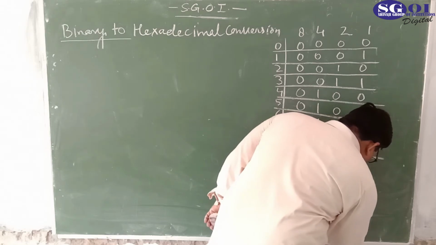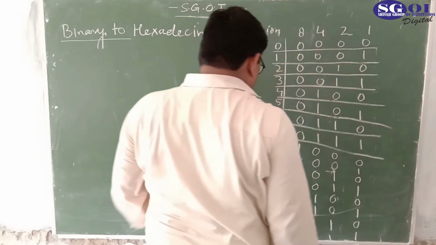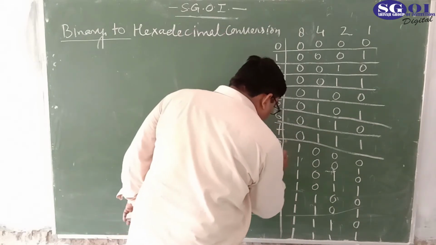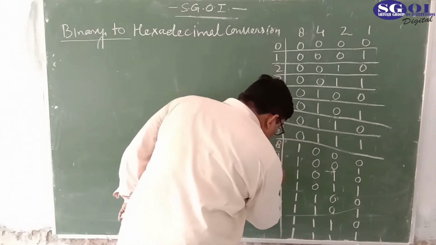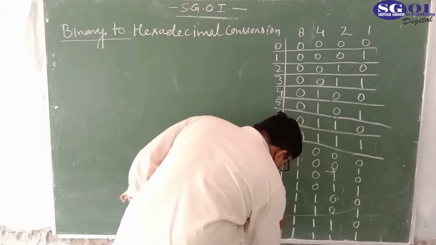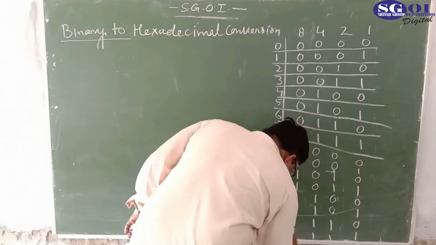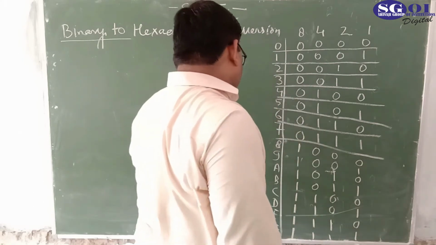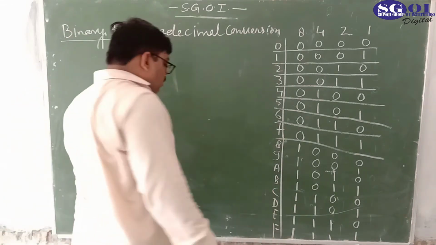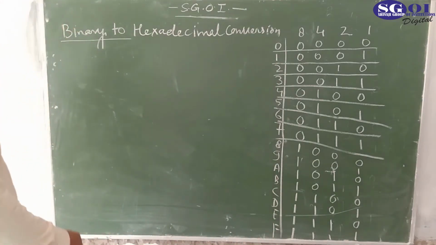Then you write 8 9 A B C D E and F. Means A equals 10, B equals 11, C equals 12, D equals 13, E equals 14, and F equals 15.